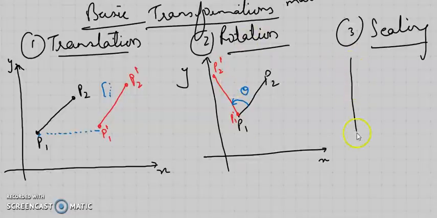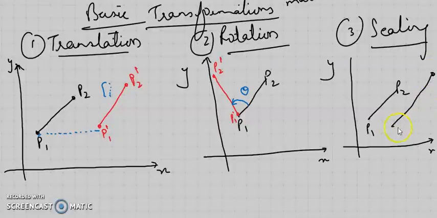Similarly, in scaling, x and y with my original line as P1, P2, the line becomes P1 dash and P2 dash. So what have I done? I have resized the line. I have increased the size of the line in whichever direction. That becomes my scaling. So these are the three basic types of transformations that we are going to see in the session: translation, rotation and scaling.